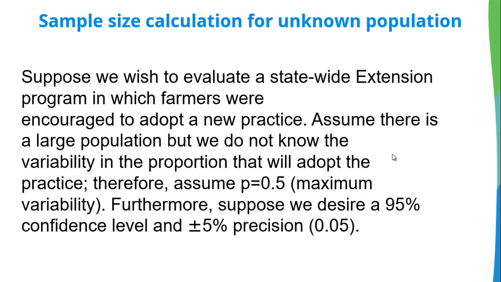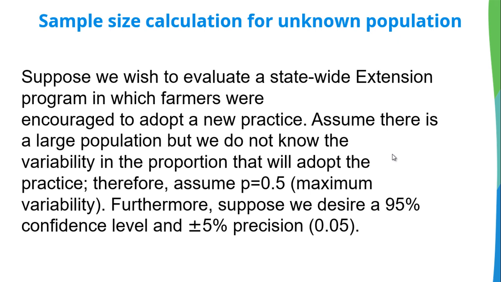Let's assume that we have an unknown population, and we calculate the sample size for it. Suppose we wish to evaluate a statewide extension program in which farmers were encouraged to adopt a new practice. This is our research focus now.